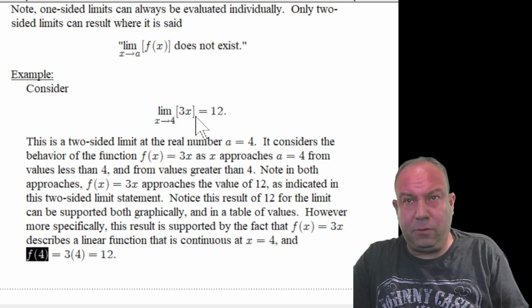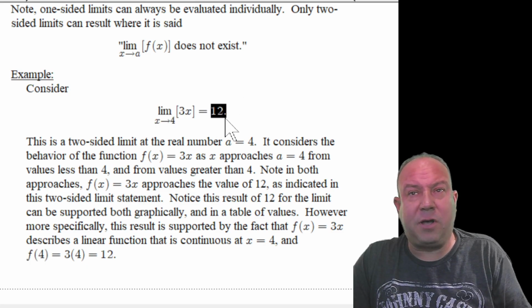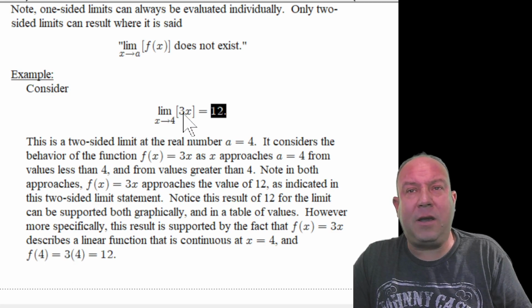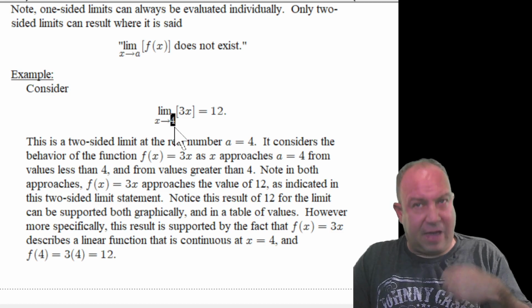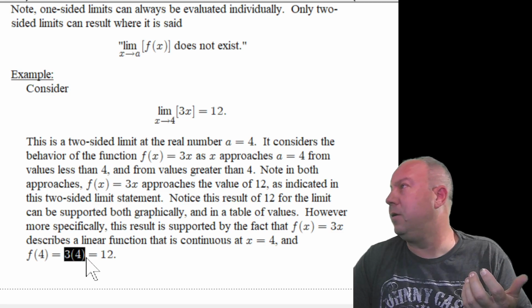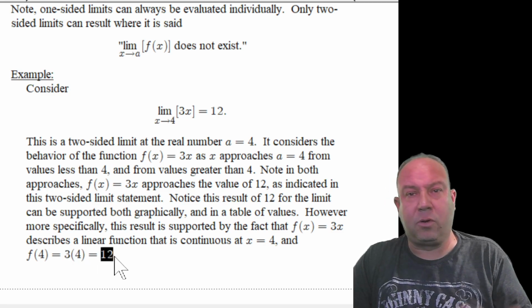We can conclude that this result of 12 must be the result pretty quickly by simply evaluating our function 3x at the x value equal to 4. That would be 3 times 4, and we all know 3 times 4 is equal to 12.